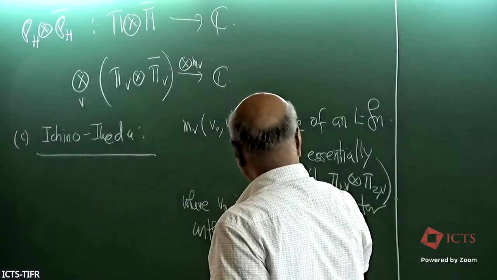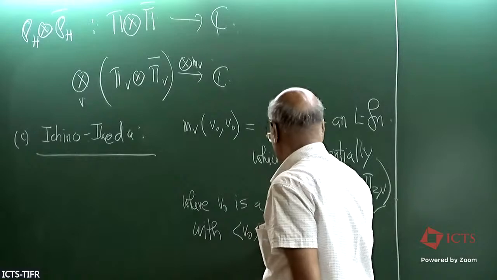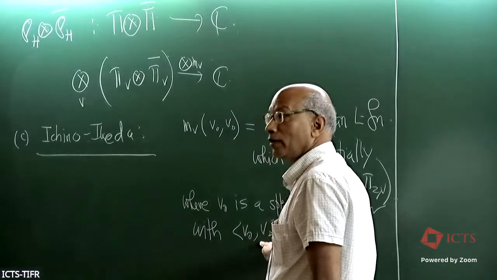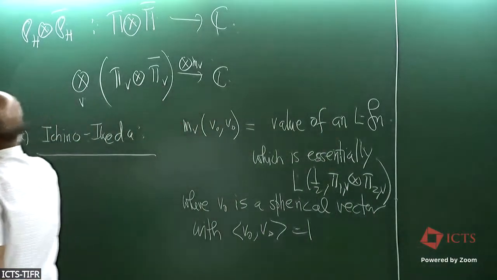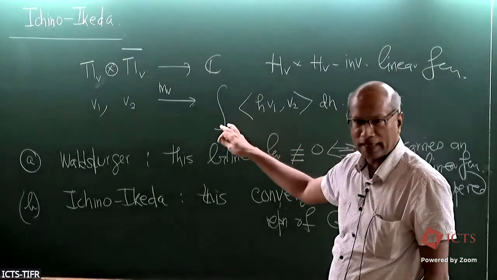So a spherical vector is unique only up to scaling. Once you demand that its norm is 1, V0 is unique up to modulus 1, whereas if you change V0 by modulus 1, this inner product doesn't change.